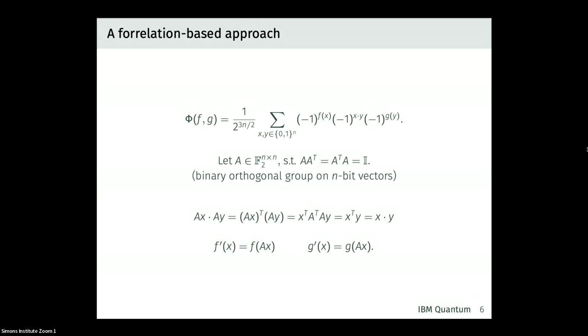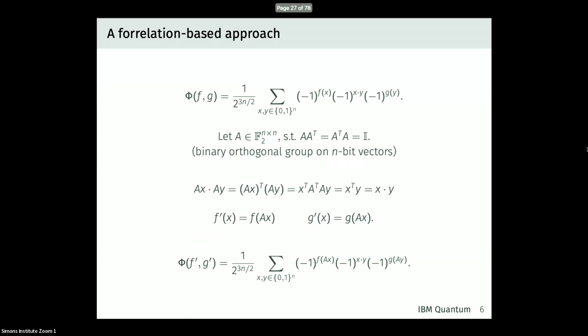So suppose we consider these alternate functions f prime and g prime, which are just f evaluated on A times x. It's basically a change of variable, like a gauge symmetry if you're a physicist.